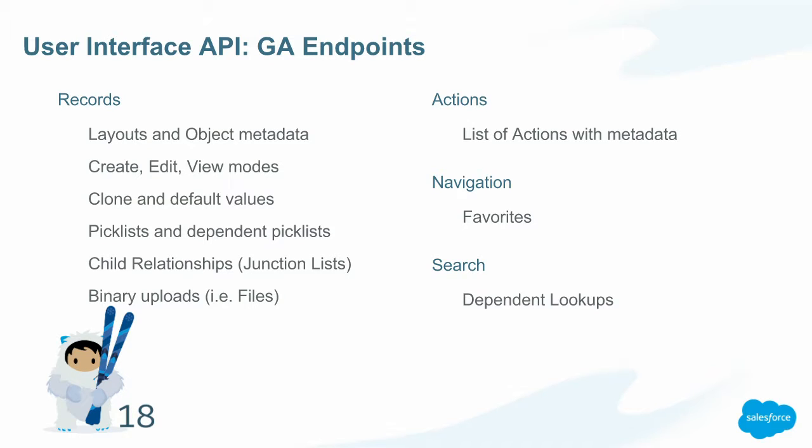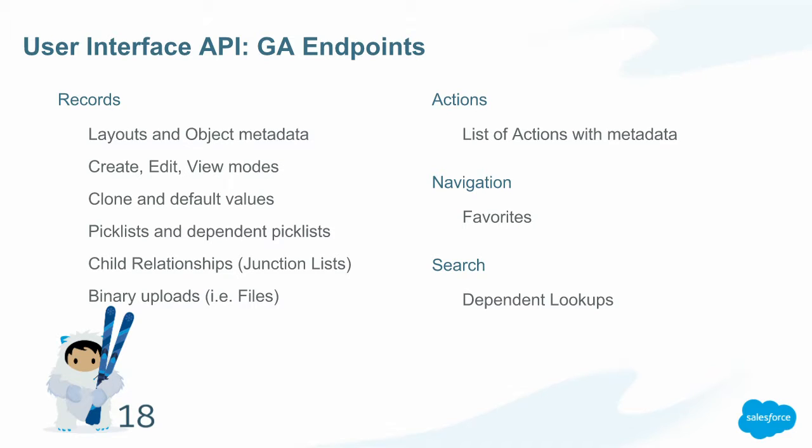One of the things about actions in Salesforce Mobile and Lightning Desktop is that up to this point, the only way you could find out what actions are valid for a record or a list, et cetera, was through SOCL. So we wanted to make sure that if you're building UI, you don't use the REST API and then turn around and have to figure out how to work with SOCL to find out the actions that go with a particular record. But the actions endpoint is still a work in progress.